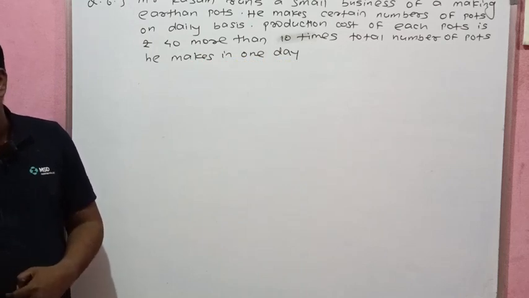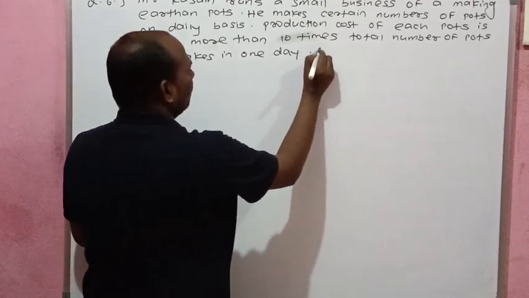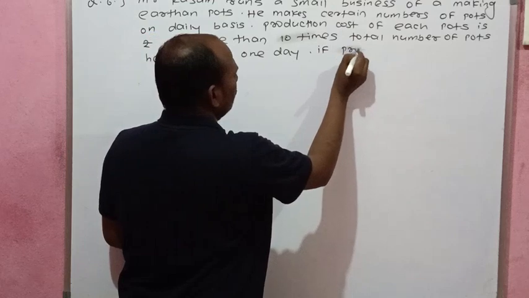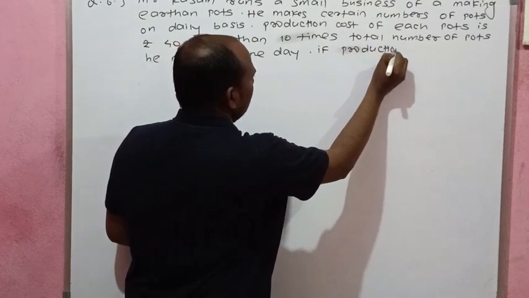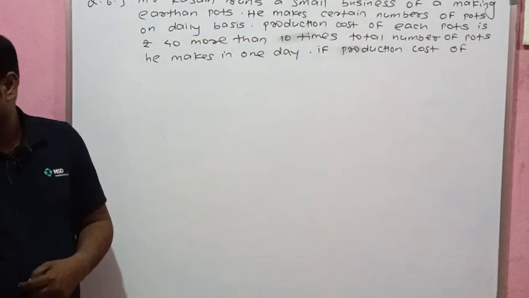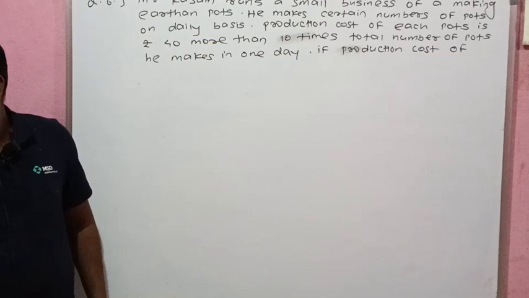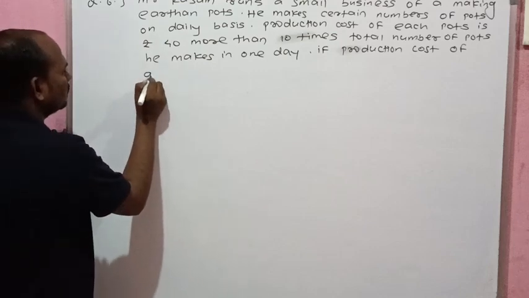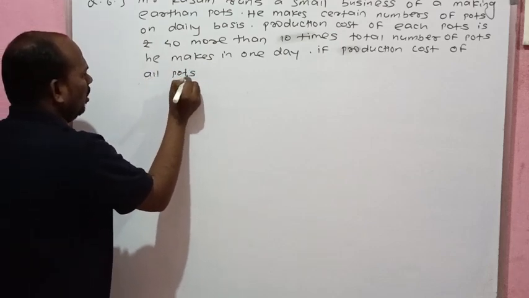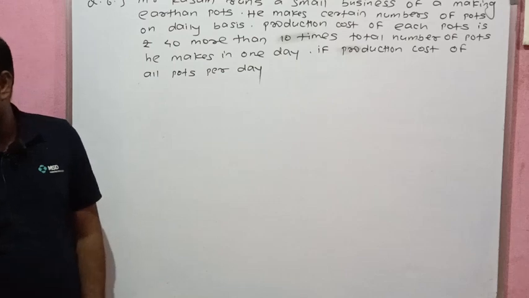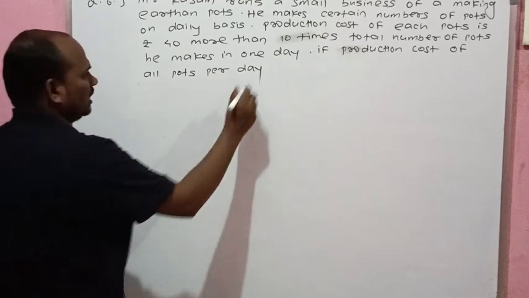Production cost of all pots per day is 600.